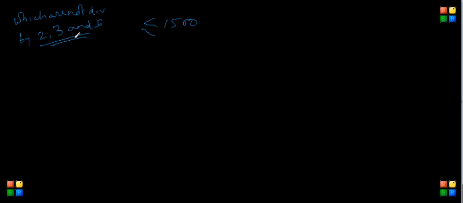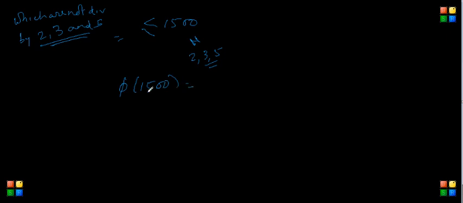So how do we go about that? If you notice, 1500 is composed of only three types of prime numbers, 2, 3 and 5, right? There's no other prime number present in 1500. If that is the case, this problem boils down to nothing but finding the phi of 1500.